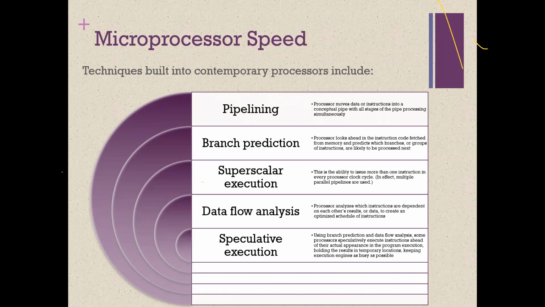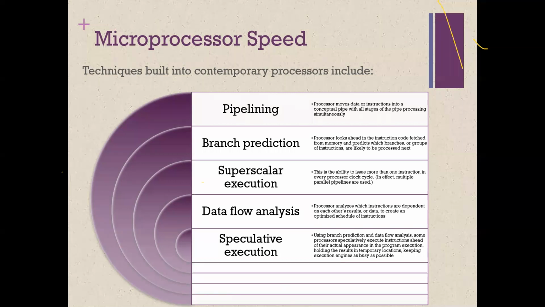Here, the ability is to issue more than one instruction in every processor clock cycle. So in effect, multiple parallel pipelines are being used or utilized. And that is what we call superscalar execution. Then we have data flow analysis.